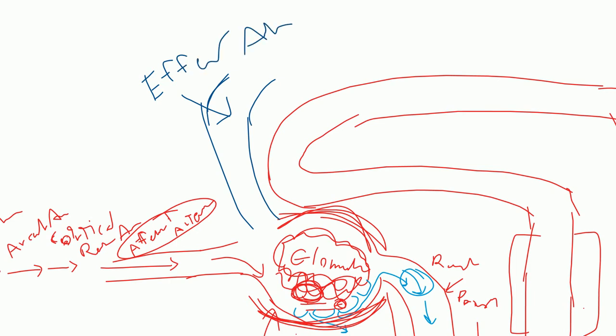And this efferent arteriole, this guy right here, has blood contained inside as it comes out from the glomerular capillary. These are the things that you want to keep inside of your blood, inside of your body. This includes things like red blood cells, white blood cells, or plasma proteins, all the good stuff that you want to keep in.